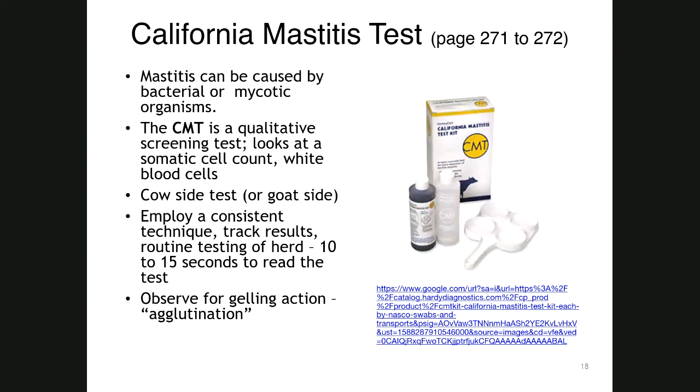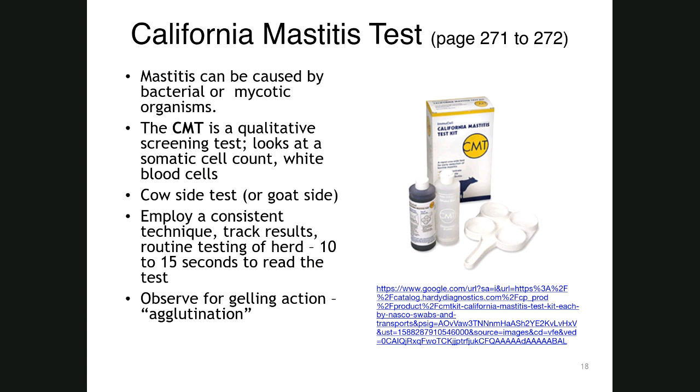We're looking for somatic cell presence, white blood cells, in the milk, which would be a potential indication of an infection going on. It's also very important that the paddle, as illustrated here, has 4 compartments, and you'll see in your textbook also, that you always get the samples into the same compartment.